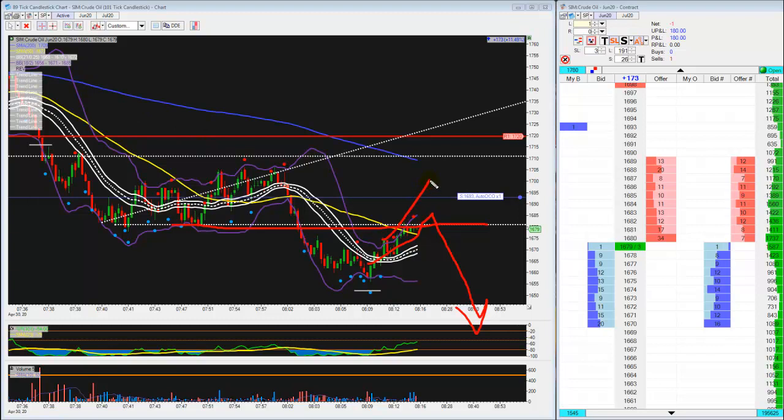If of course it goes like this, takes us out. And then we move back into indecision.